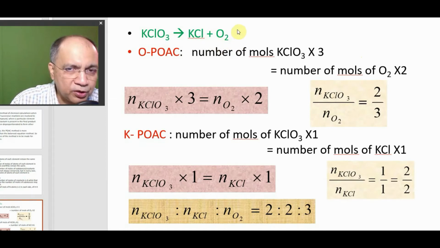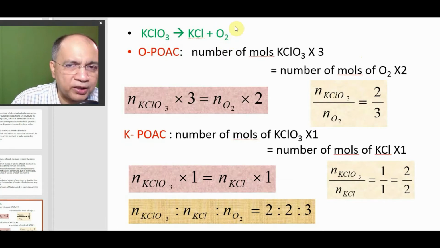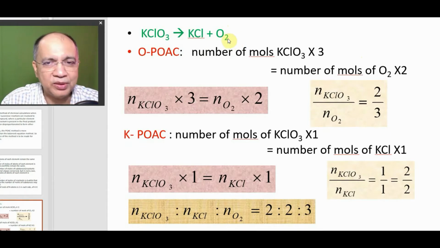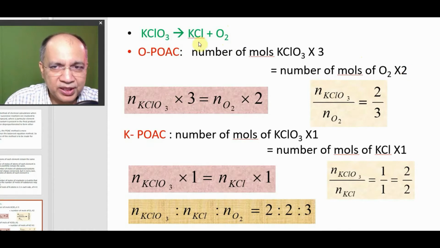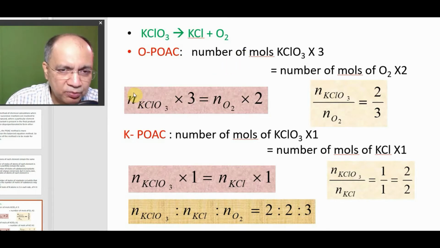So the number of moles of oxygen into 2, because one molecule contains 2 atoms. So this atomicity, the number of atoms of that element in this compound, has to be multiplied here. 3 has been multiplied here, 2 has been multiplied here. So to write once again, number of moles of KClO3 into 3 is equal to number of moles of oxygen into 2. So the mole ratio of KClO3 and O2 is 2 is to 3.